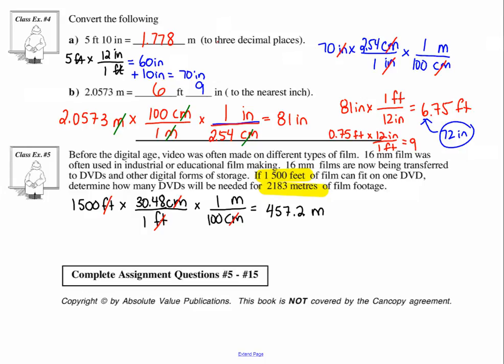So now if I want to figure out how much film, it should be one more step. If we know this is how much can fit on one DVD, 457.2. Yep. Divided by 457.2.